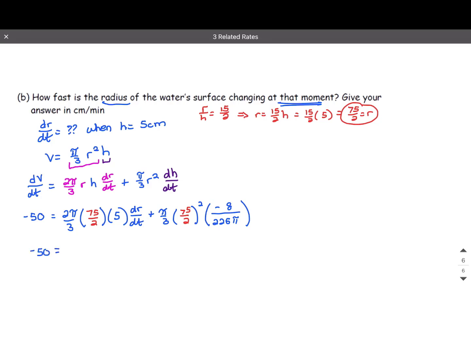Now if I look at this, this 2 is going to cancel with this one. 3 goes into 75 25 times. So I've got 25 times 5 is 125 pi dr/dt. And then over here, notice the pi's are going to cancel.